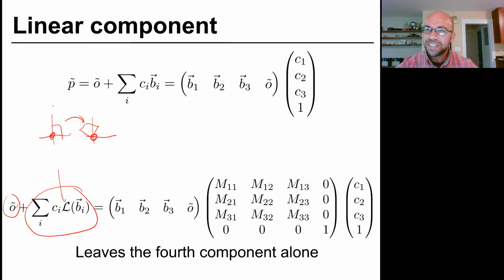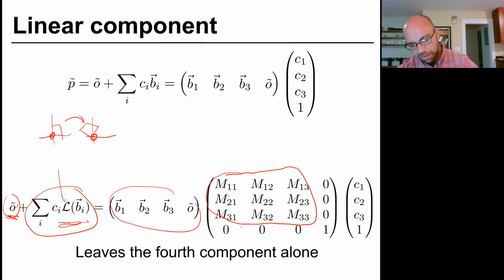And the way that I can accomplish that using this 4x4 matrix is to just insert my linear map in the upper left 3x3 block. And you can convince yourself at home that really this has the effect of applying that linear map to the basis and leaving the origin alone. How would you convince yourself of that? Actually do this giant product here.